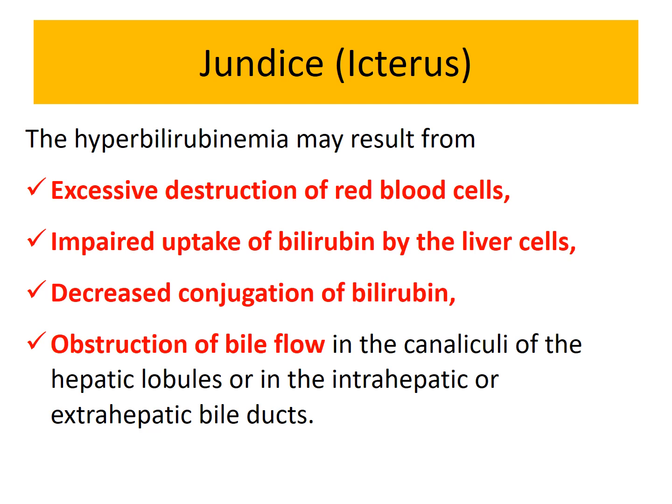Or the hyperbilirubinemia may result from obstruction of bile flow in the canaliculi of the hepatic lobules or in the intrahepatic and extrahepatic bile ducts, and it represents a post-hepatic cause.